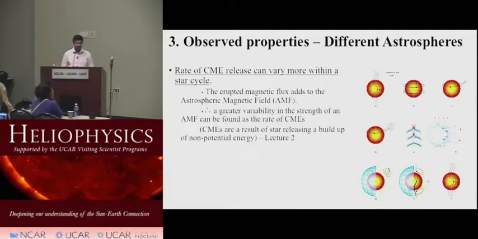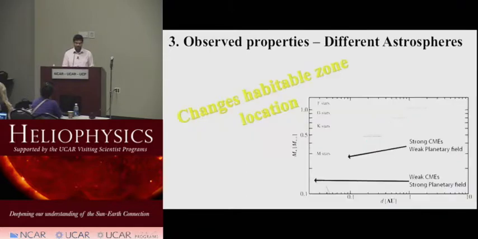And if you have a different rate of CME release, then you have a different amount of magnetic flux being added into the interplanetary medium. I say interplanetary, but it's the astrospheric magnetic field. And so you have a greater variability from solar maximum to solar minimum. That's talking about how different astrospheres can potentially have different characteristics that are seen outside our solar system.